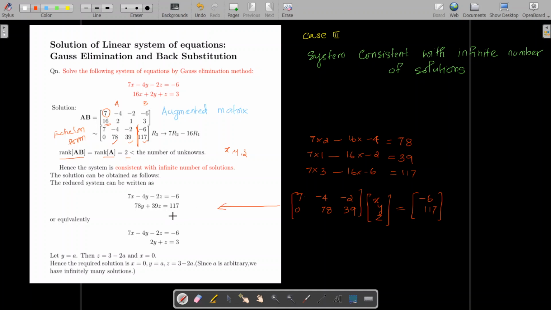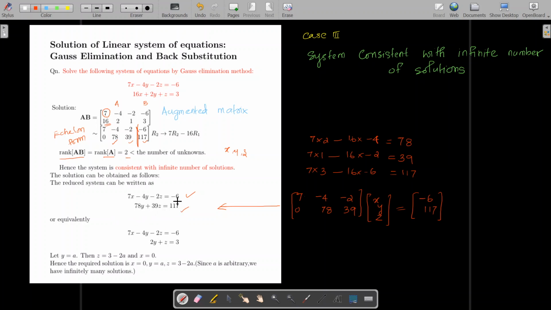So let us write the linear system of equations from the matrix representation, and hence we have 7x minus 4y minus 2z equal to minus 6 as the first equation. Then 0x plus 78y plus 39z equal to 117 as the second equation.